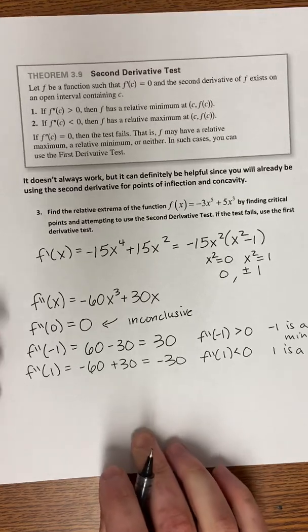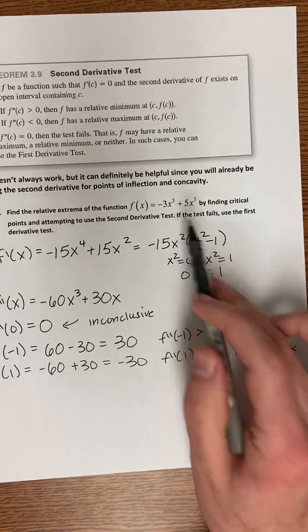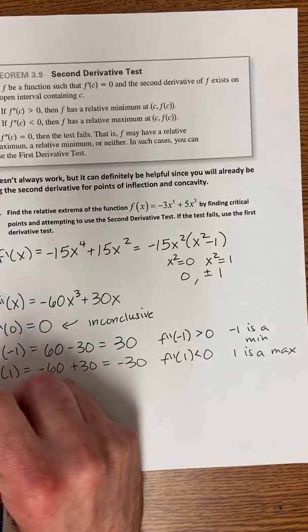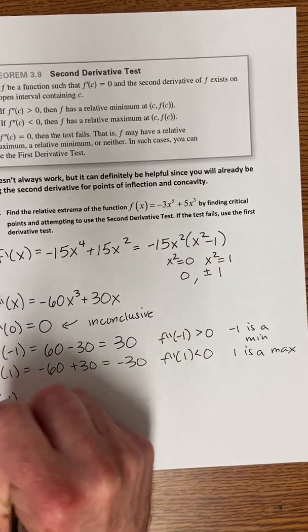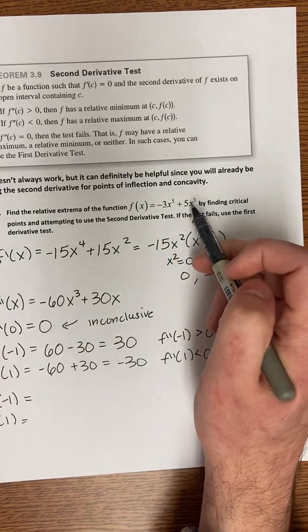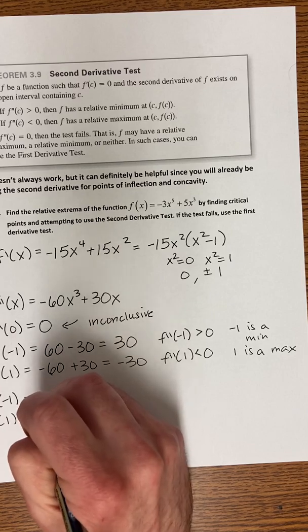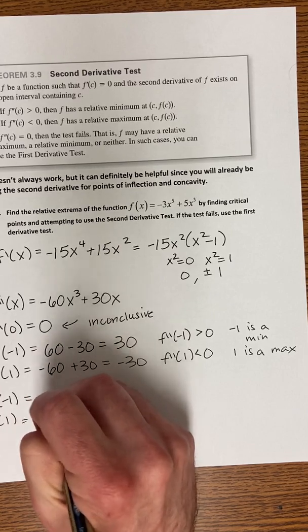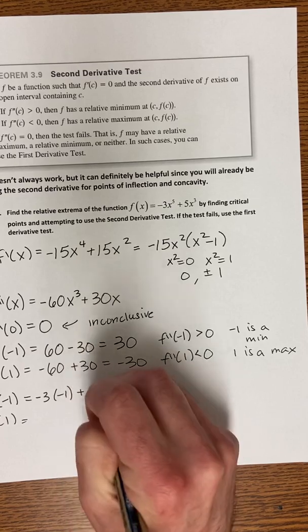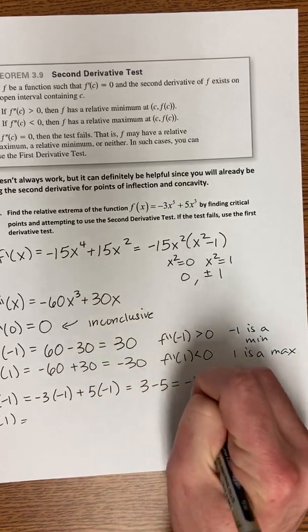Now, to find the actual coordinates of these points, we need to plug them into the original. When I plug f of negative 1 and f of 1 into the original, negative 3 times negative 1 plus 5 times negative 1 should be 3 minus 5, which is negative 2.